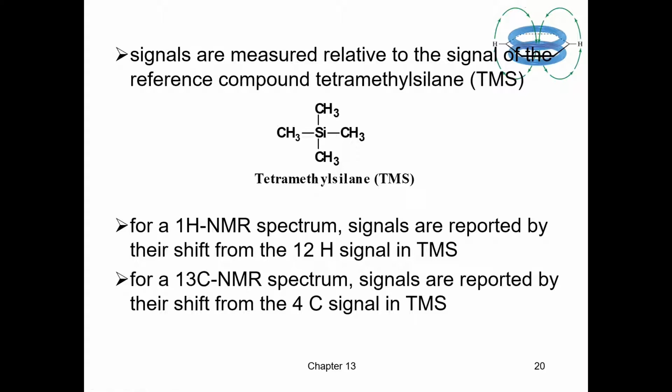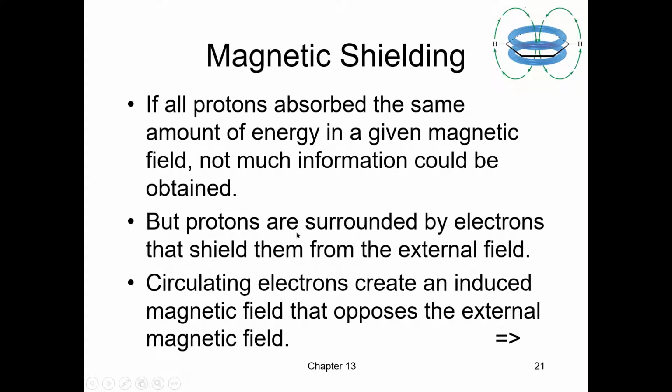And in case of HNMR spectrum, signals are reported from the shift with respect to the hydrogen signals in TMS, but in C13 NMR spectrum, the signals are reported from the shift with respect to 4 carbon atoms in TMS.